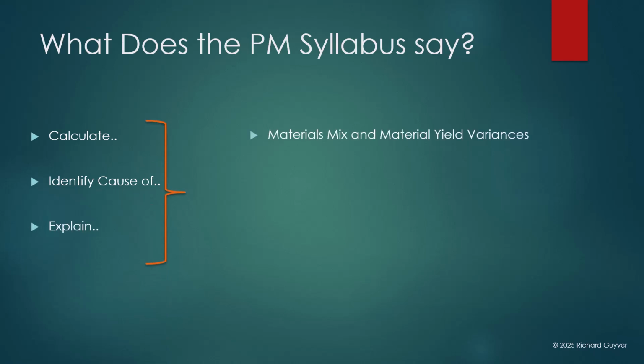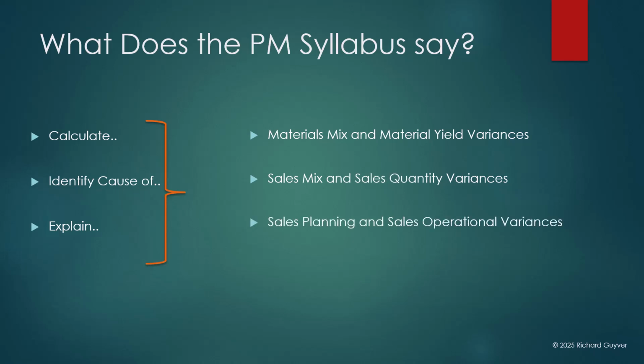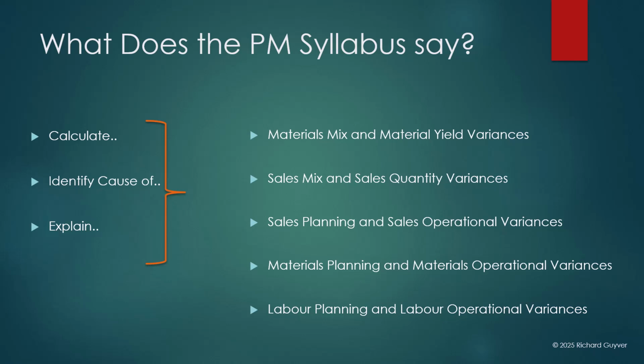And for each of those, we need to do that for materials mix and material yield variances, sales mix and sales quantity variances, sales planning and sales operational variances, materials planning and materials operational variances, and labour planning and labour operational variances. That means there's 10 variances that are specifically mentioned and 3 actions: calculate, identify, explain. So that's 30 different things we could be asked just at this bit of the syllabus area.